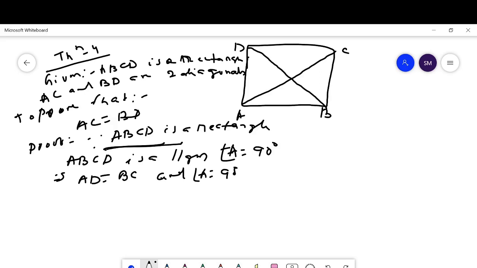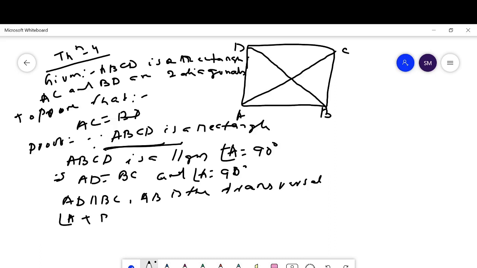As ABCD is a parallelogram, AD is parallel to BC and AB is the transversal, then angle A and angle B are co-interior angles, then angle A and angle B are supplementary to each other, means angle A plus angle B is equal to 180 degrees.